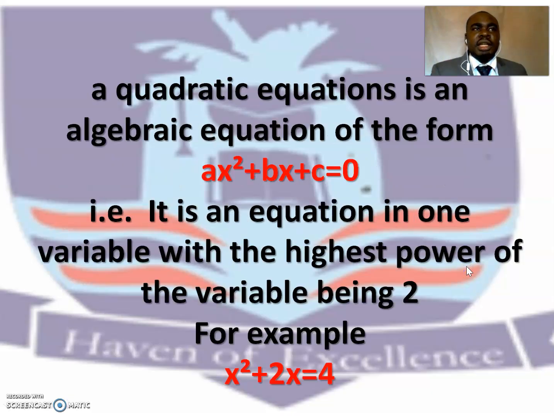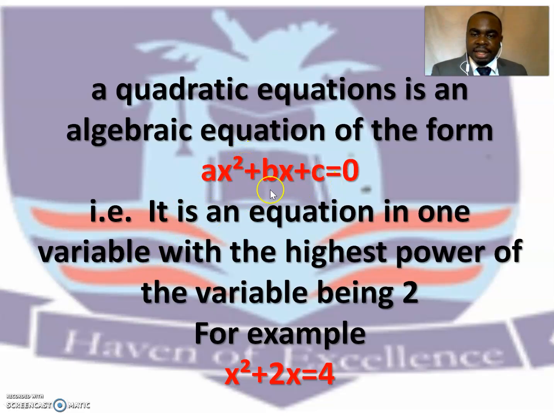What is a quadratic equation? A quadratic equation is simply an algebraic equation which is similar to a quadratic expression, however, with the extension of equal to 0. So we have a single variable and the highest power of that variable will be 2.